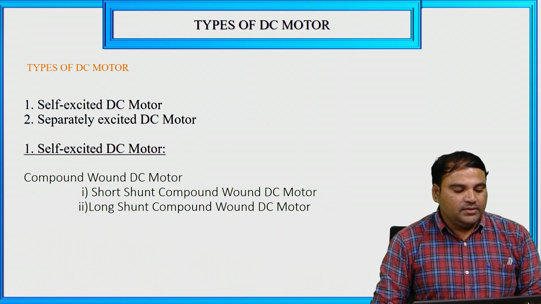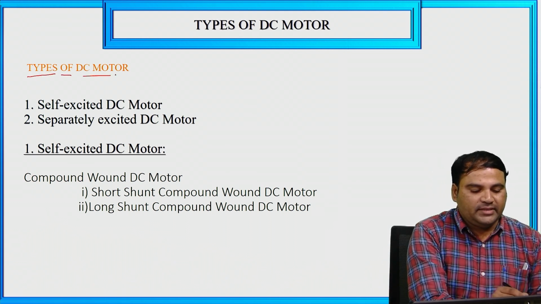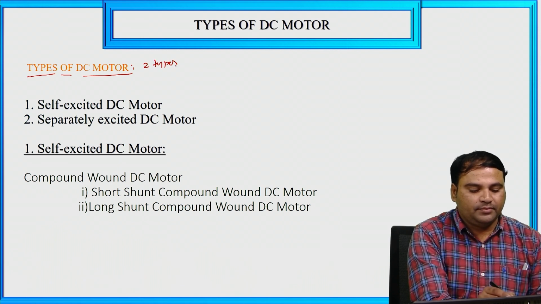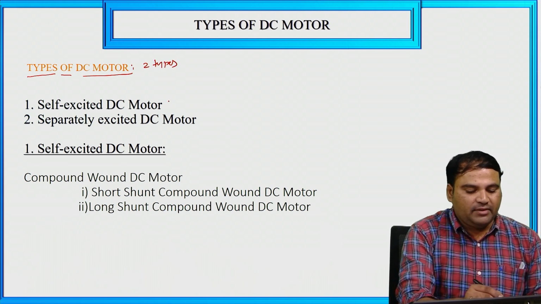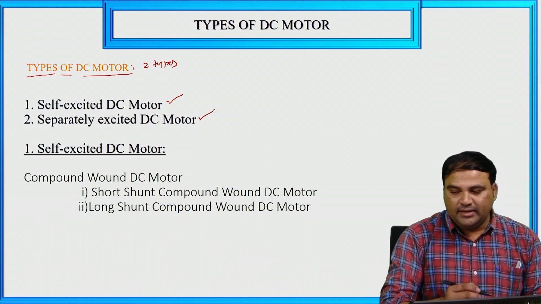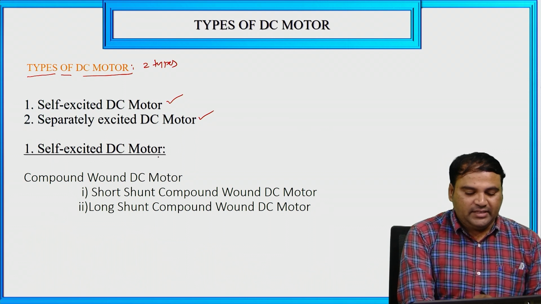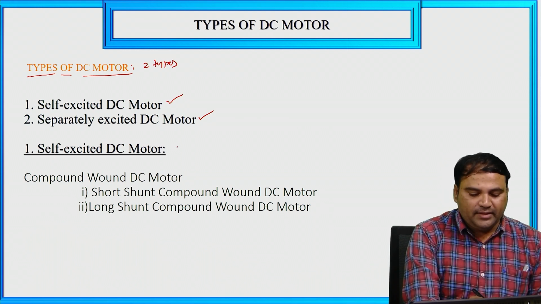Here we have different types of DC motors, which are classified into two types. The first one is the self-excited DC motor, and the other one is the separately excited DC motor. The self-excited DC motor is classified into three types.